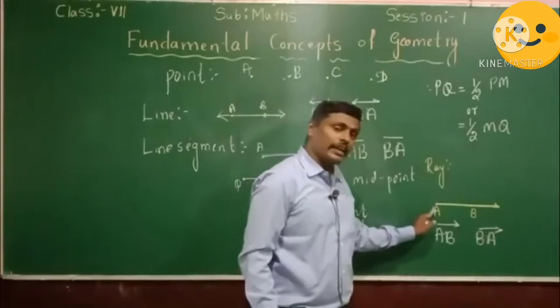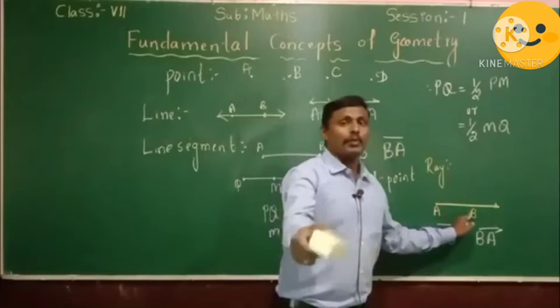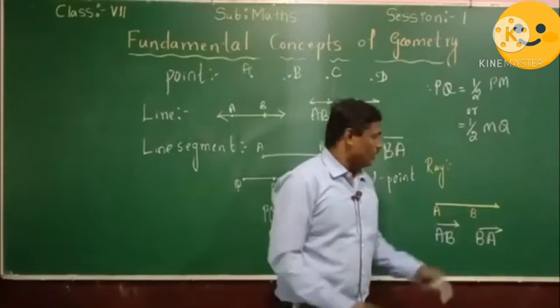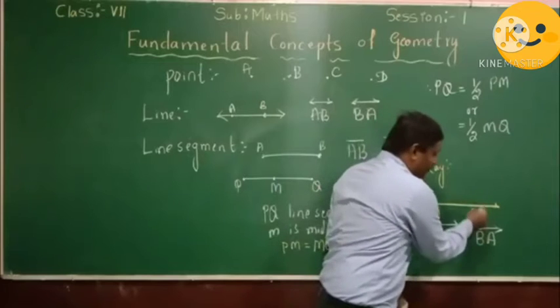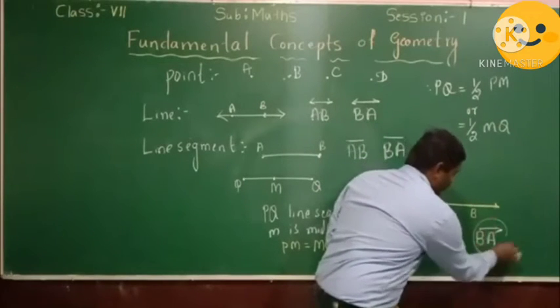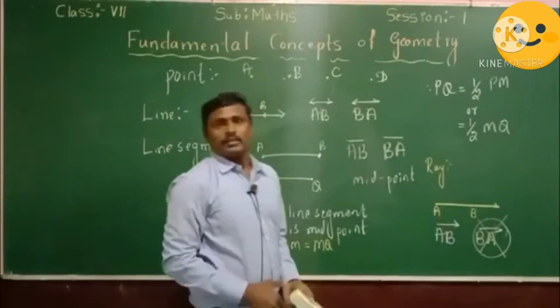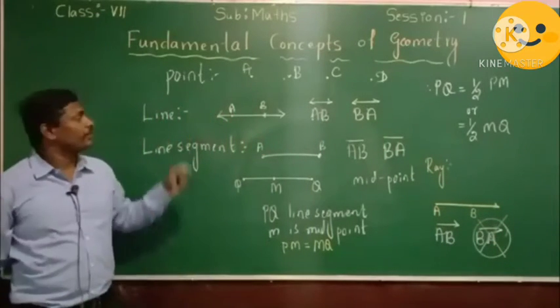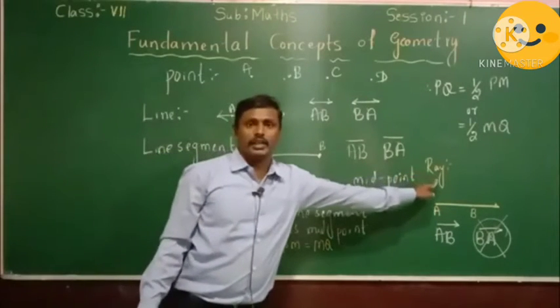Because the ray starts from initial point A, and B is just a point which lies on the ray, so we cannot write it like this. Clear?